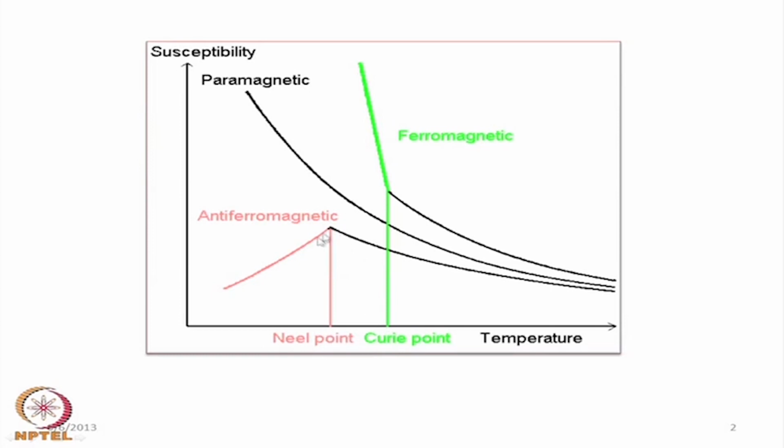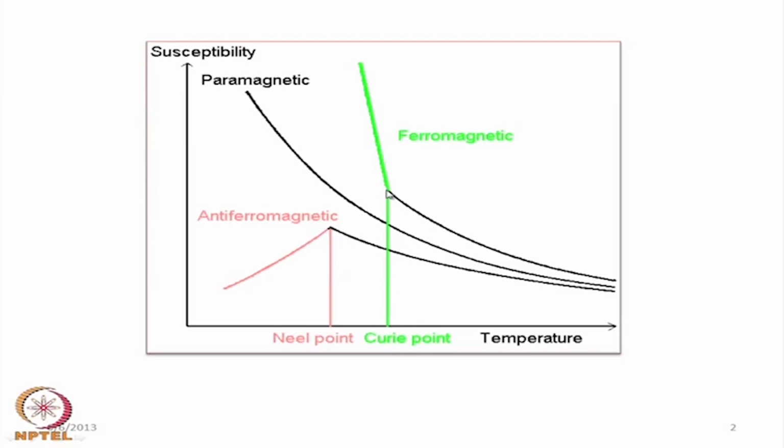So, this abrupt lowering in magnetic moment with lowering in temperature is a clear indication of the antiferromagnetic nature of these species or compounds.